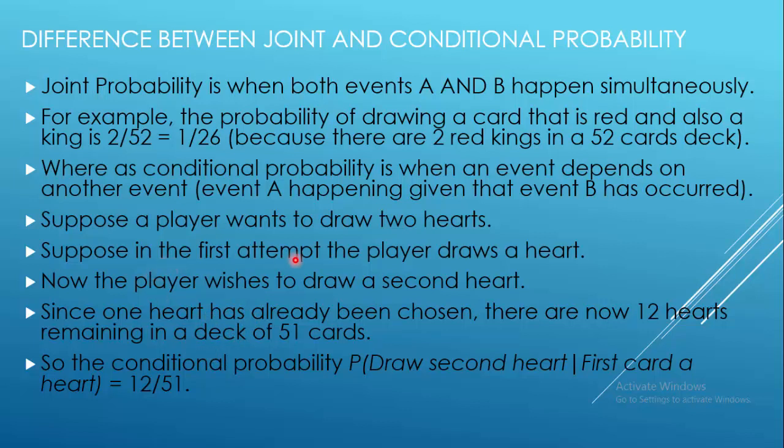If in the first attempt the heart was not drawn, then the probability in the second attempt will be 13 by 52. But if a heart was drawn in the first attempt, then the probability will be 12 by 51. So it depends on what was the result of the first event.